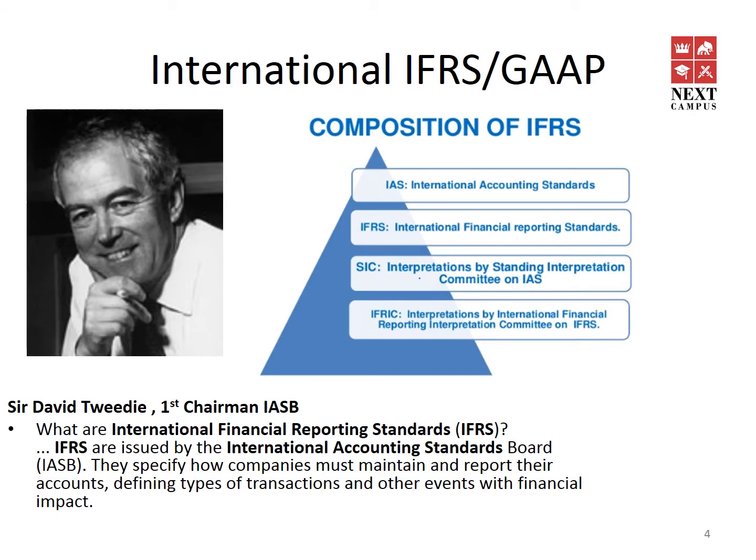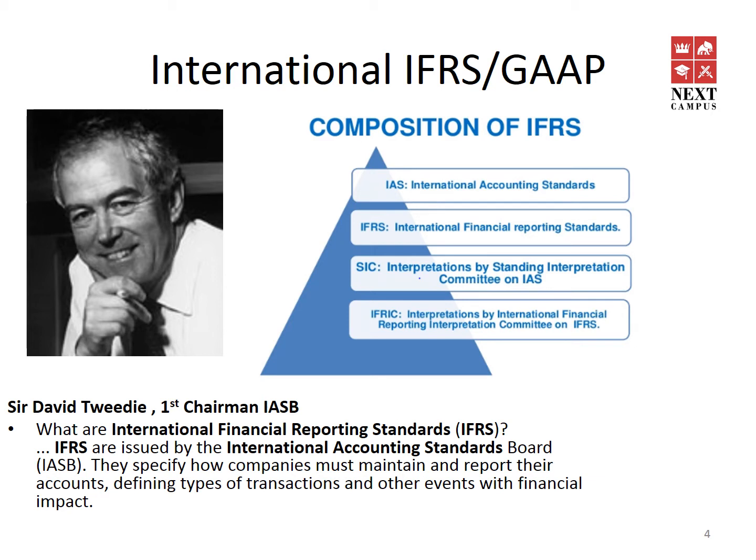Now, this International Financial Reporting Standards, which we discussed earlier, are introduced by the International Accounting Standards Board, IASB, located in London. So they give the framework for companies to maintain their accounts according to that particular IFRS framework.